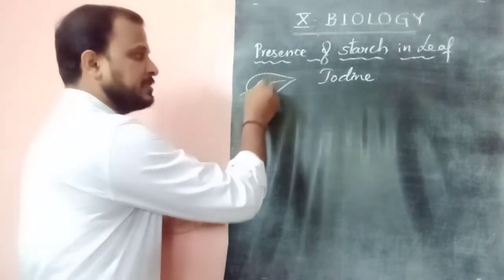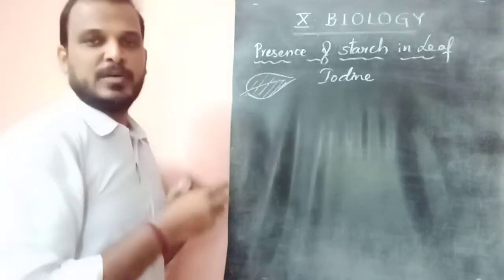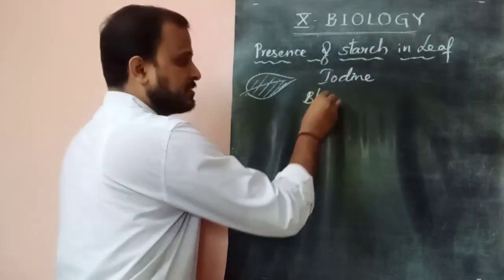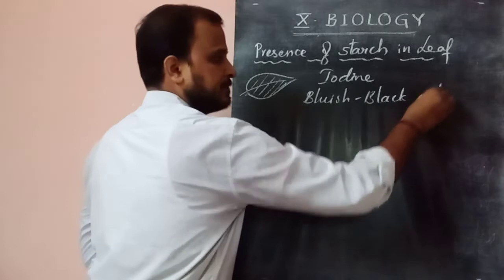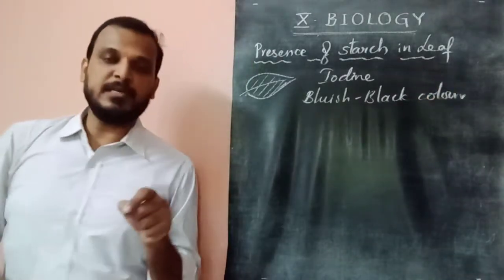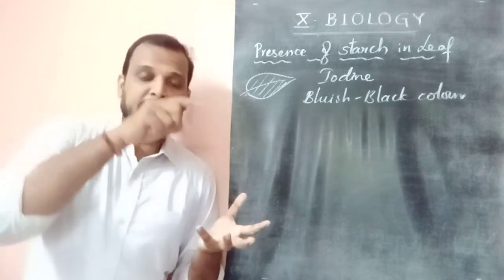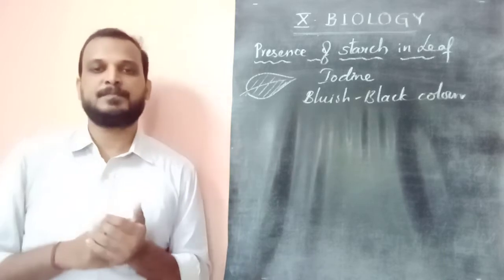If starch is present in this leaf and you add iodine on it, it will turn bluish black. If anything turns bluish black by the addition of iodine, then the material is said to be starch.